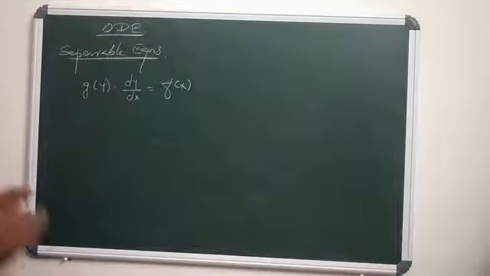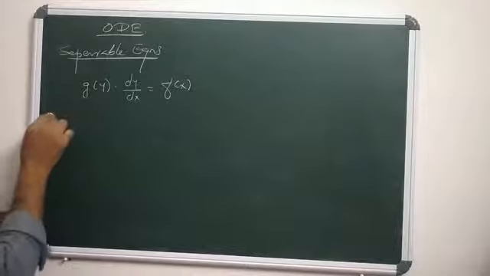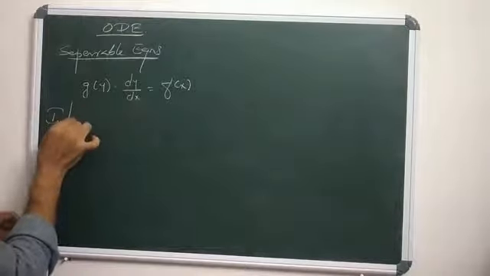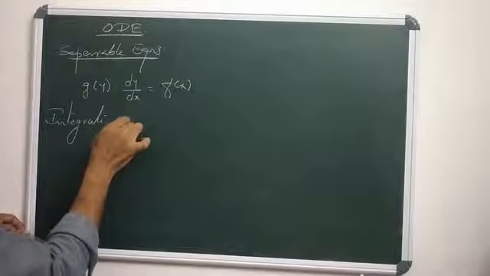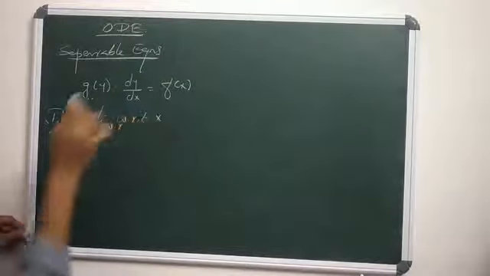So how to solve this differential equation? We know that in order to solve a differential equation, we have to integrate it. In order to solve an integral equation, we have to differentiate. So you can integrate with respect to x. What do you get?